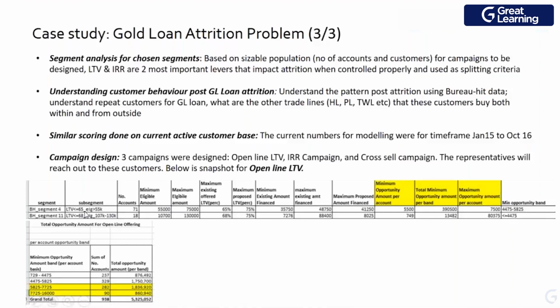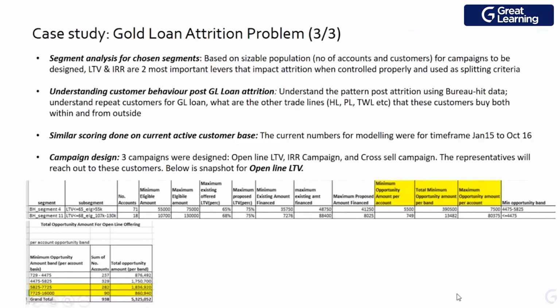Currently we are giving them less than or equal to 65, so the maximum existing offered LTV is 65, and the maximum proposed LTV is 75. This is a thumb rule: you can't exceed 75%. The maximum LTV that you can offer any customer is 75, a thumb rule in the industry.